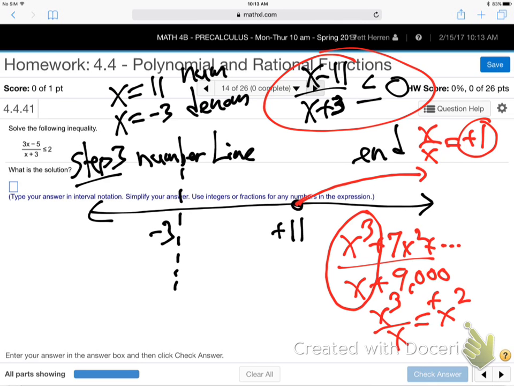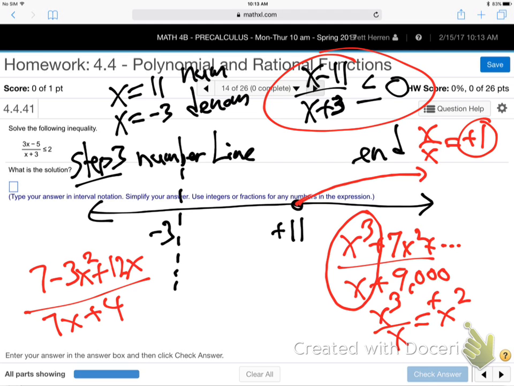Now what if it was 7 minus 3x squared plus 12x over 7x plus 4? Going off to the right forever, the most powerful terms are all that matters when you're plugging in thousands and millions.